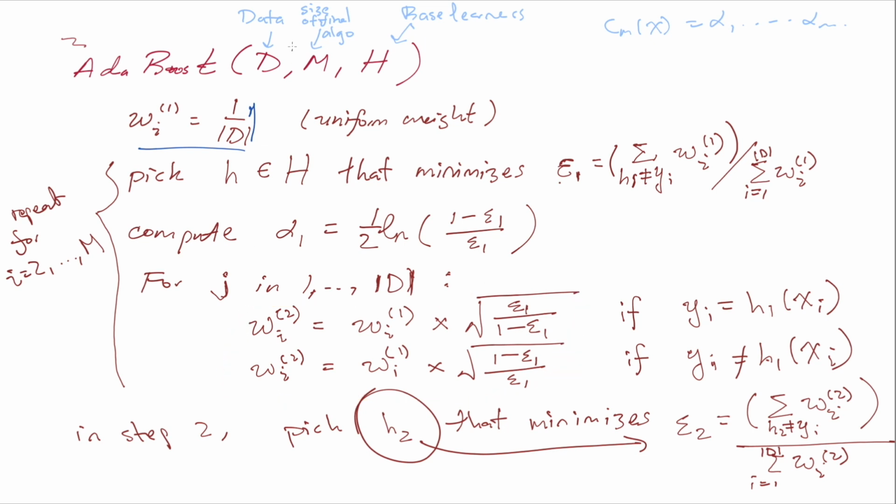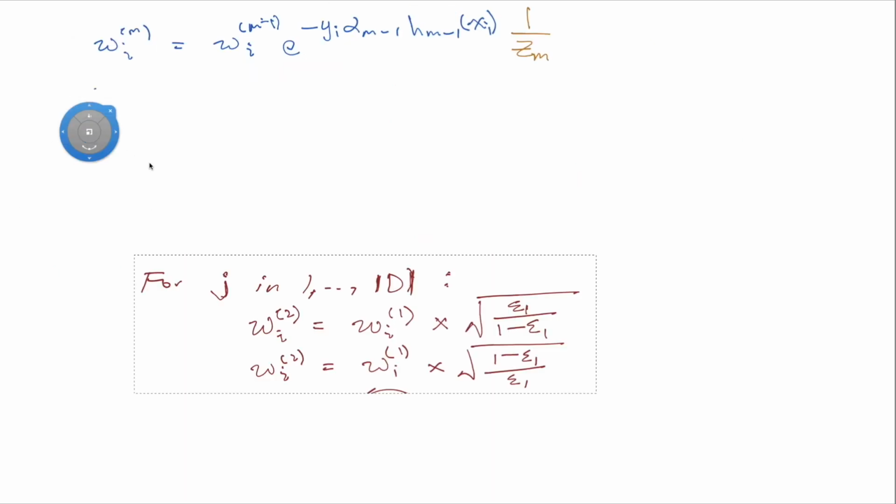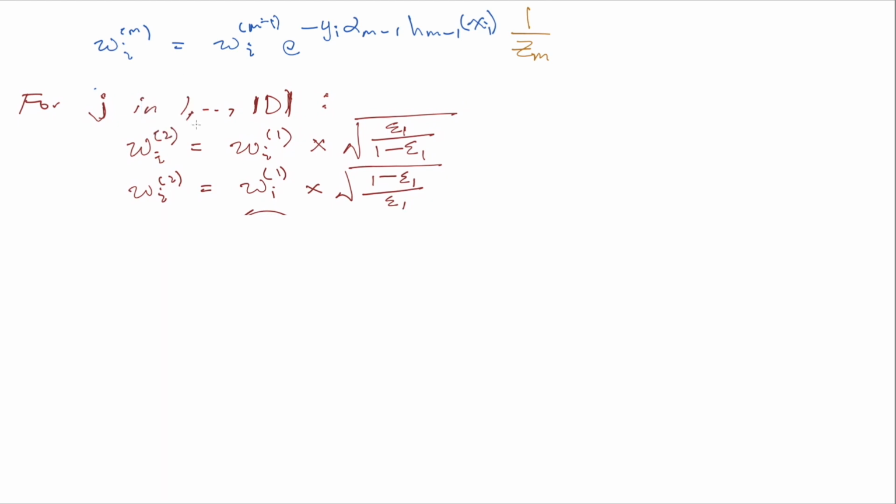Okay, well, let me see if I can copy this just to make life easier. So these were our unnormalized updates. Let's try to normalize them. Well, basically, we know that Z_m is equal to 2 times the square root of epsilon_(m-1) times (1 minus epsilon_(m-1)).